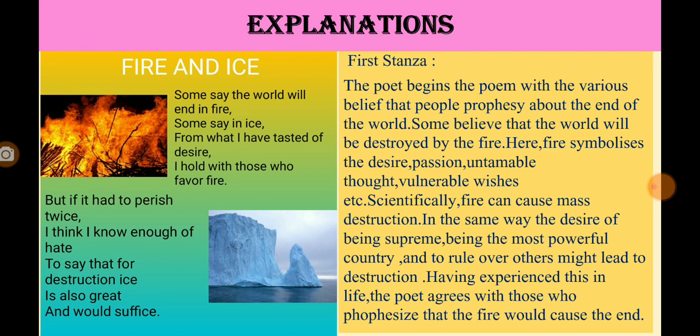There are some people who say that the world will be consumed by fire. It means the world will be destroyed by the fire. Whereas there is a group of people who come in defense and say that no, the world will definitely be destroyed by ice.